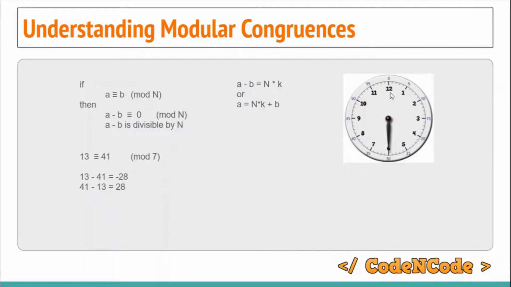So the system is actually modulo 12. So 12 can be considered as 0, and then 1, 2, 3, 4, 5, 6, ..., 11, and then again 0. Now if initially the hour hand was on 6, and I ask you what would be the position of the hour hand after exactly 12 hours, of course your answer would be that the hour hand would again be on 6.